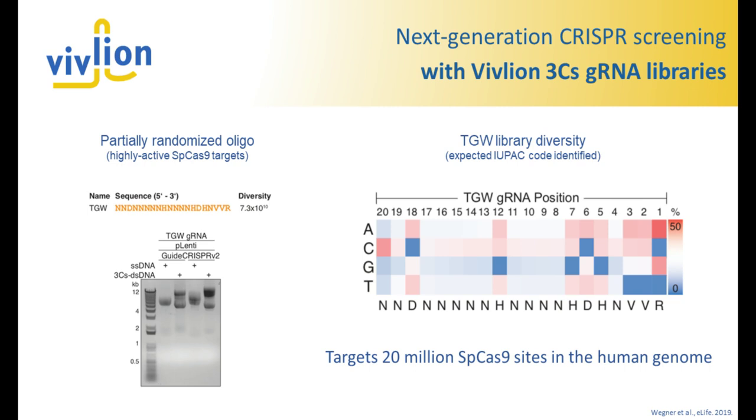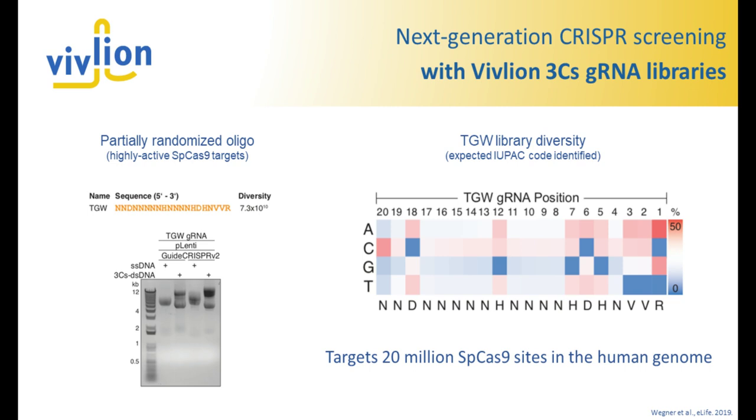And as we would have expected, at position 1 next to the PAM, we have an enrichment for A and G, while C and T are disfavored. This then translates into a UPEC code of R. And now I hope you appreciate that if we walk through all of these sequences, we re-identified the same UPEC code as we had originally put into the synthesis, demonstrating that we have generated at least a sufficient diversity in this library.